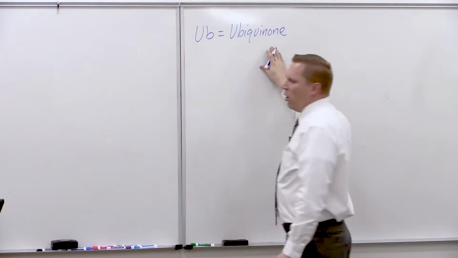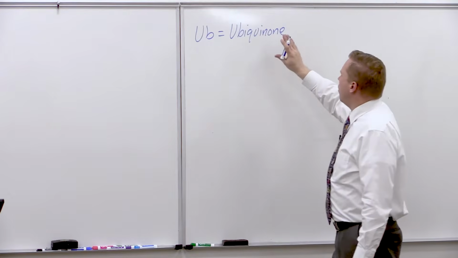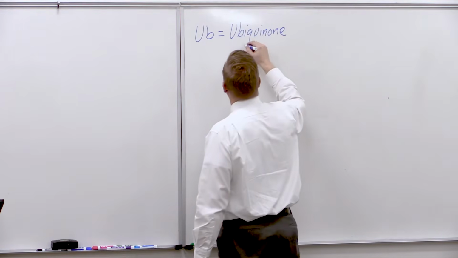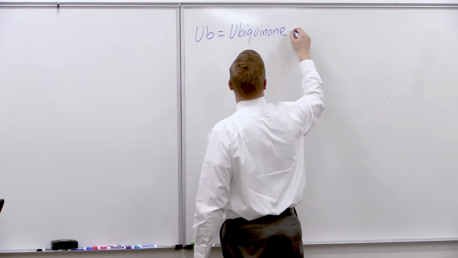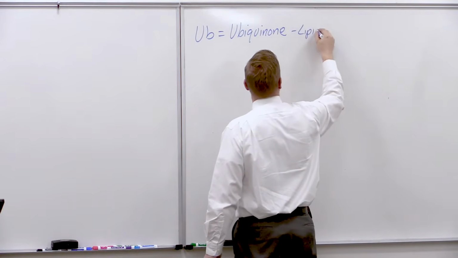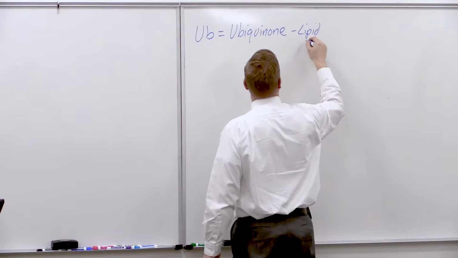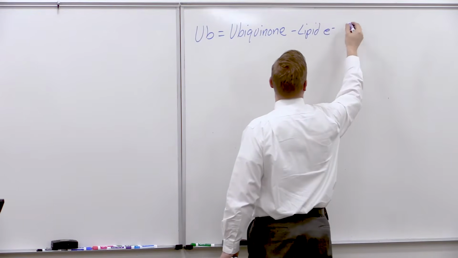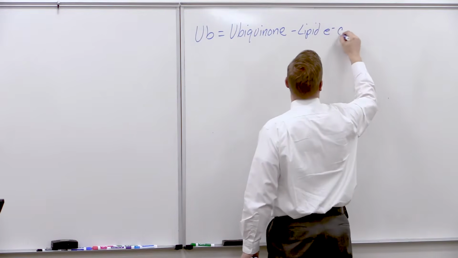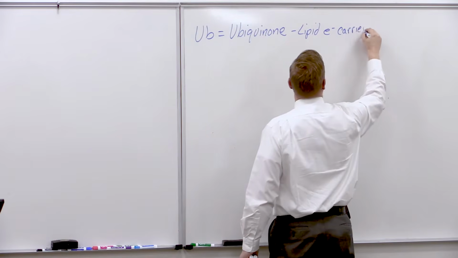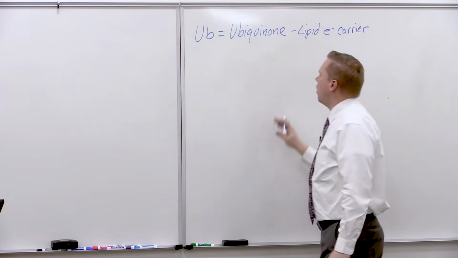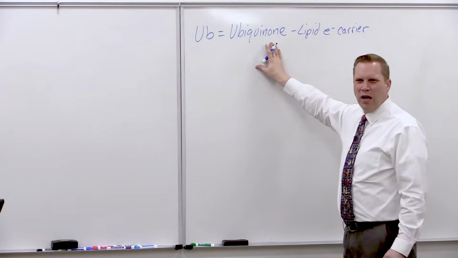And so ubiquinone is kind of unique in this process in that ubiquinone is a lipid. So it's not a protein. So it's a lipid, small molecule. And it's an electron carrier, or an electron shuttle.